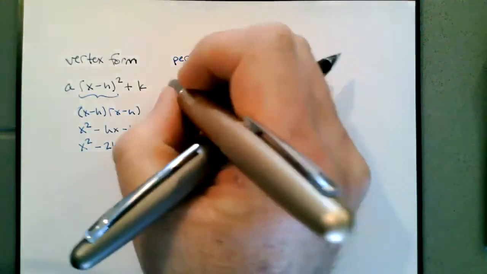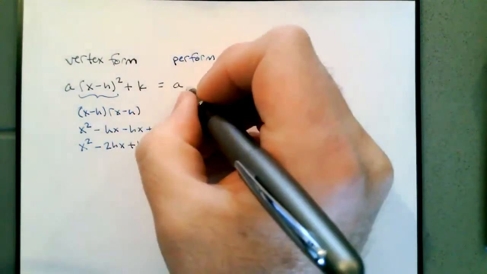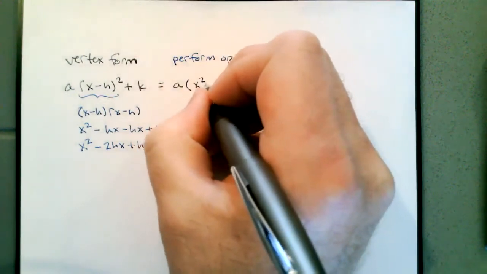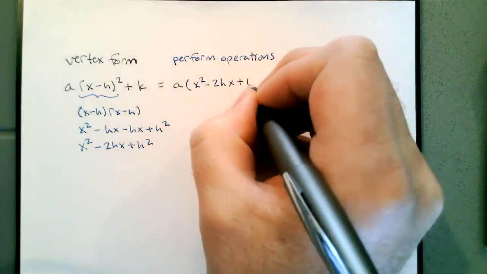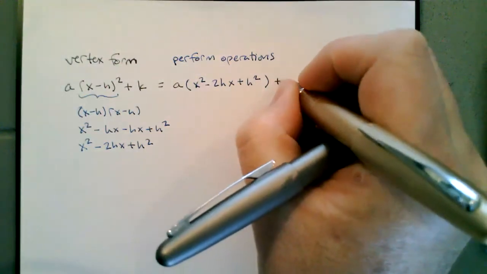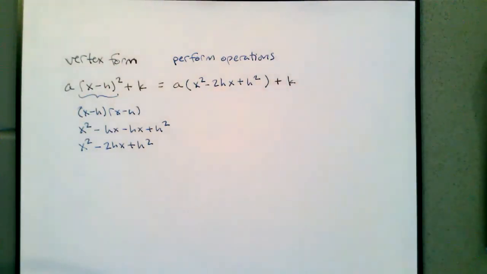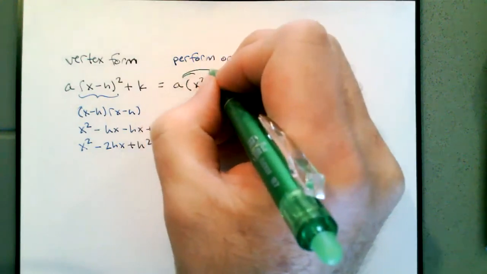So now this is equal to a times x squared minus 2hx plus h squared plus k. Now if I multiply through by a, if I use the distributive property, now that I've done my exponents, I can do my multiplication.